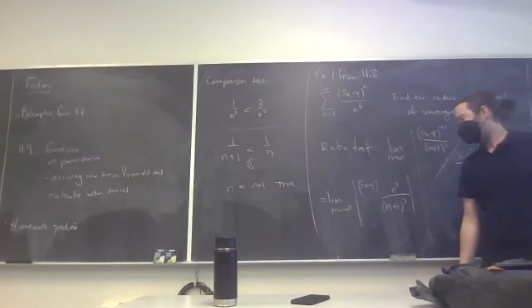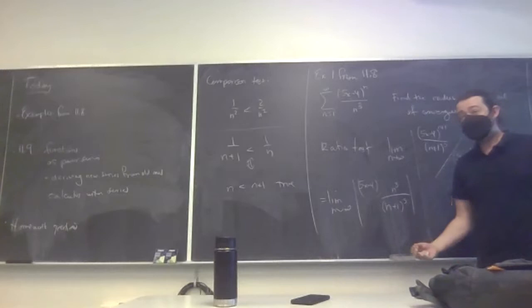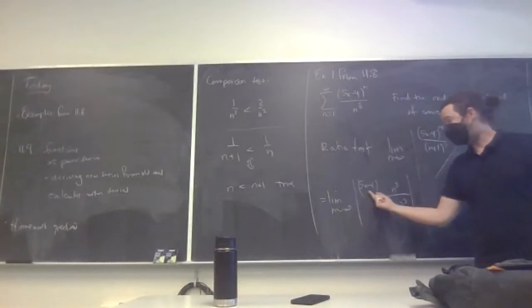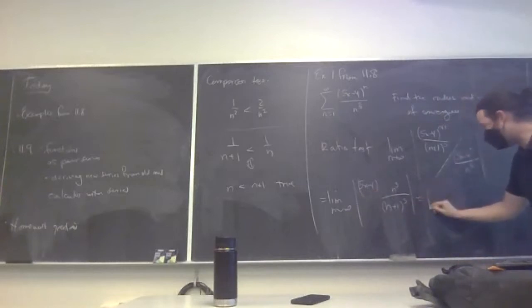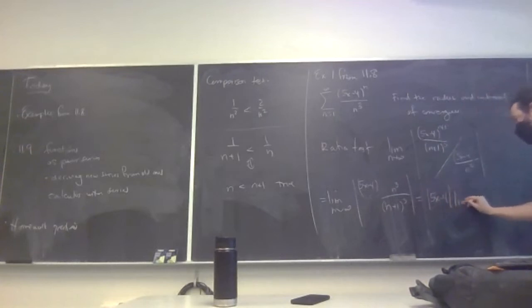Or worse, it's really easy in the heat of an exam when you're moving quickly to plug n in for x as well, which usually destroys the question. So as a best practice, I like to pull whatever is left over outside. The limit doesn't really apply to it.